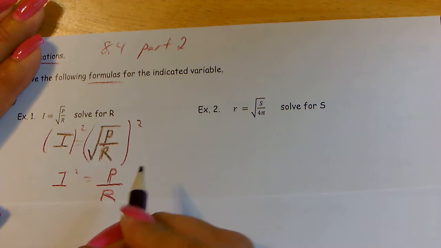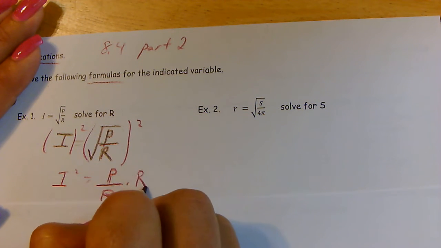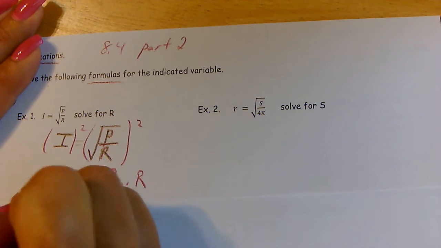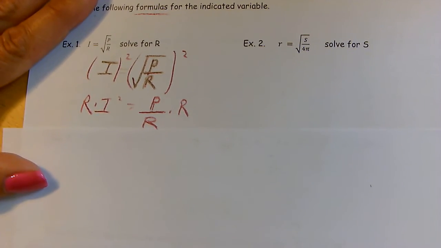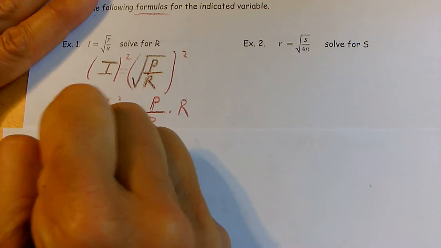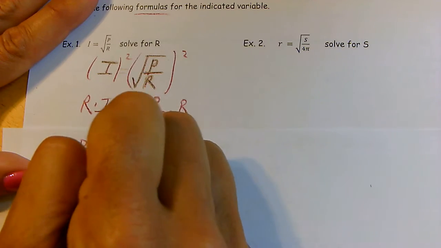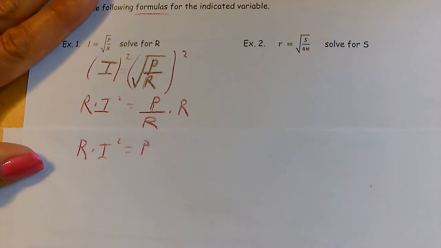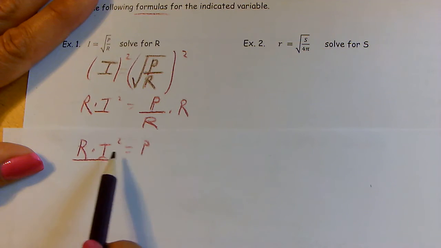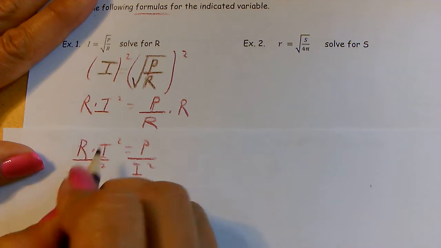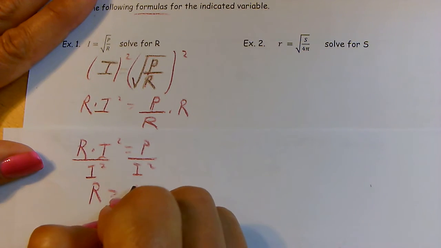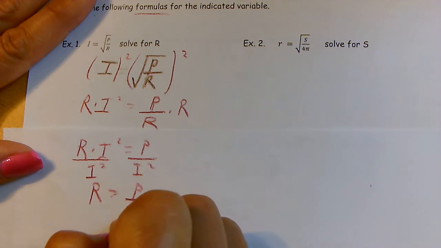I need to multiply both sides by what's in the denominator, which is r. I still want the r by itself, so I'm going to divide both sides by what's next to it. So r equals p divided by I squared.